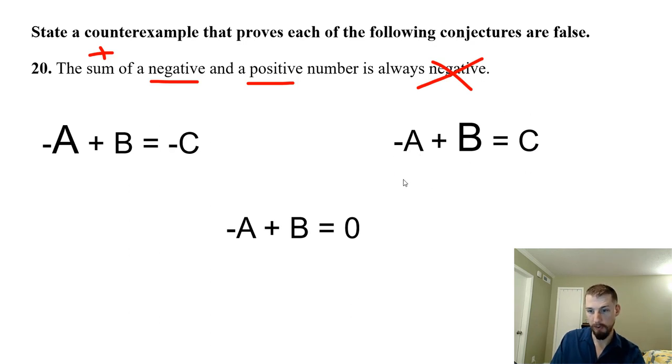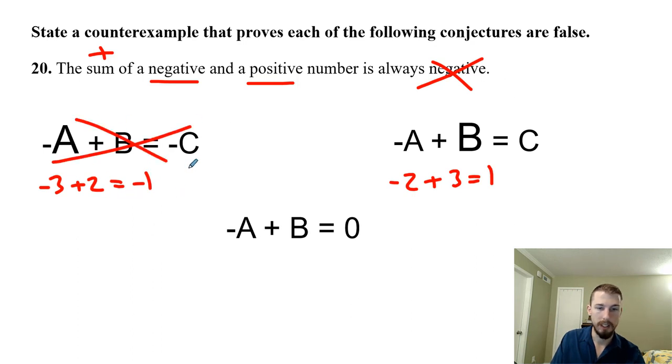Now, I would prefer you specifically give me an example, like -2 plus 3 is equal to 1, and 1 is not negative, right? But if we did it over here, -3 plus 2 is equal to -1, this would not be a counterexample because that actually is an example of when the statement is true. So to give a counterexample, you have to give me an example when the hypothesis is true, but the conclusion is not.